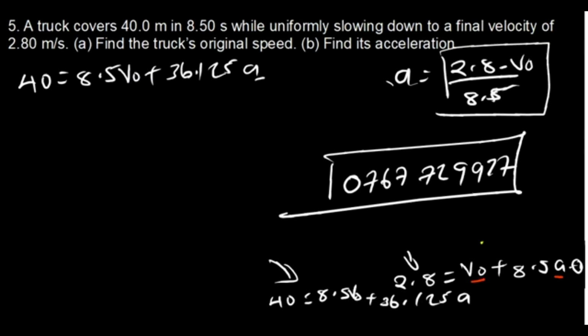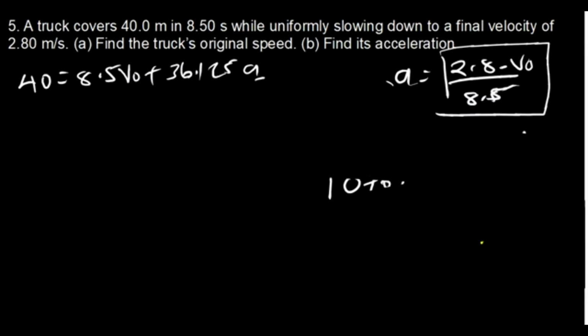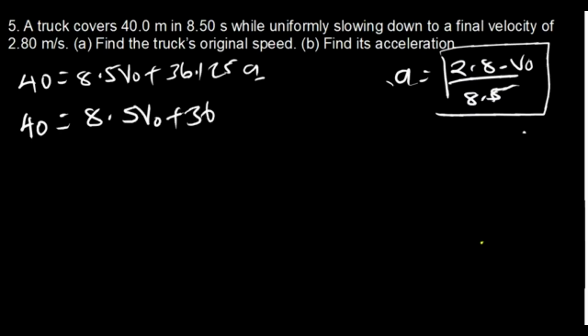We want to replace where there's a with 2.8 minus v initial over 8.5. So I can just get rid of this. We are going to say 40 has to be equal to 8.5 v initial plus 36.125, and where there is a, we put 2.8 minus v initial, everything divided by 8.5.